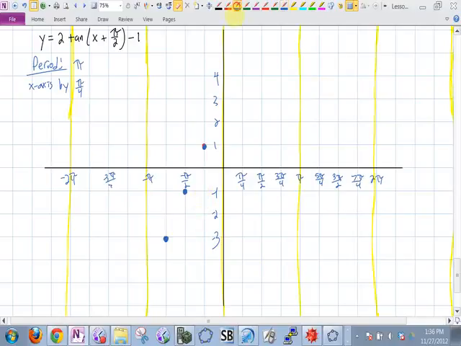Okay? So let me just go ahead and draw one complete cycle here. Now I can use that and just repeat the pattern, and then halfway between there's going to be one here, and then here, and then here.